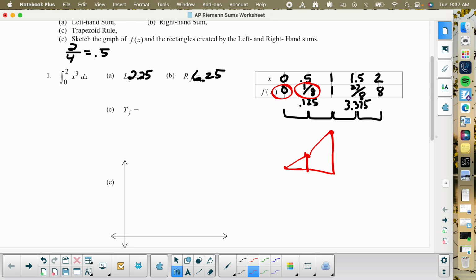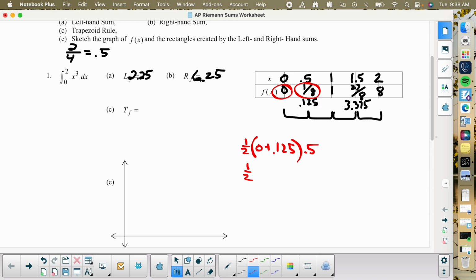So calculating the trapezoids is kind of annoying. I have to do 1/2 base 1 plus base 2 times the height of the trapezoid, which is going to be 0.5. This is my first trapezoid.